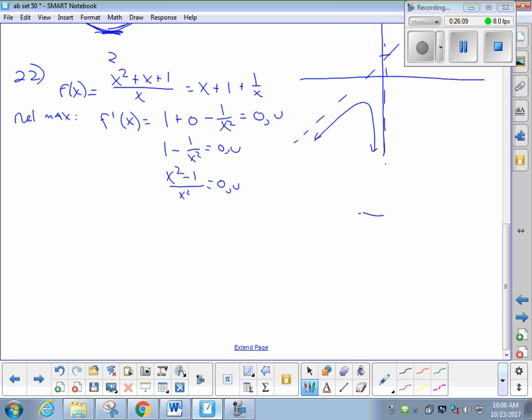Critical numbers: f prime is undefined at x equals 0, but is that a critical number? In the original problem, x equals 0 is not in the domain, so by domain, it's not. F prime is 0 at x equals plus or minus 1. Now, if I were to go to a sign test on this, it's a little easier here because I have the graph looking at you.